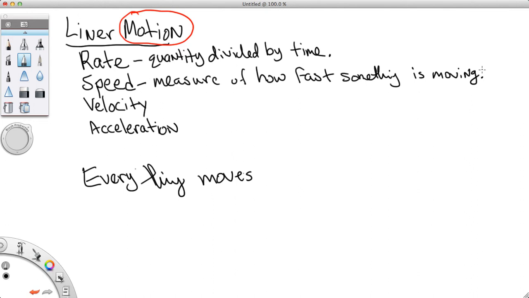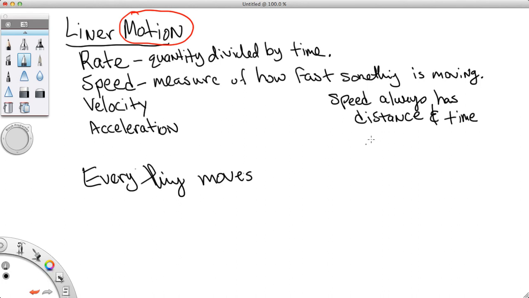It always has a length of some kind. In addition to distance, speed also has time. So speed has distance and time.